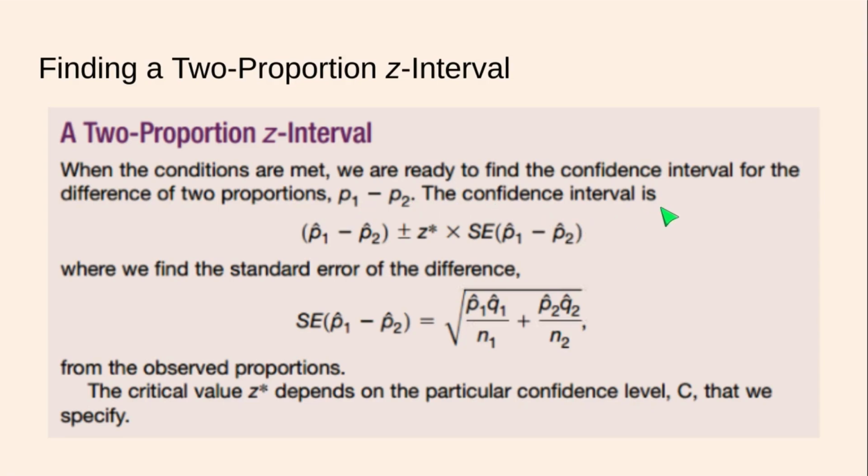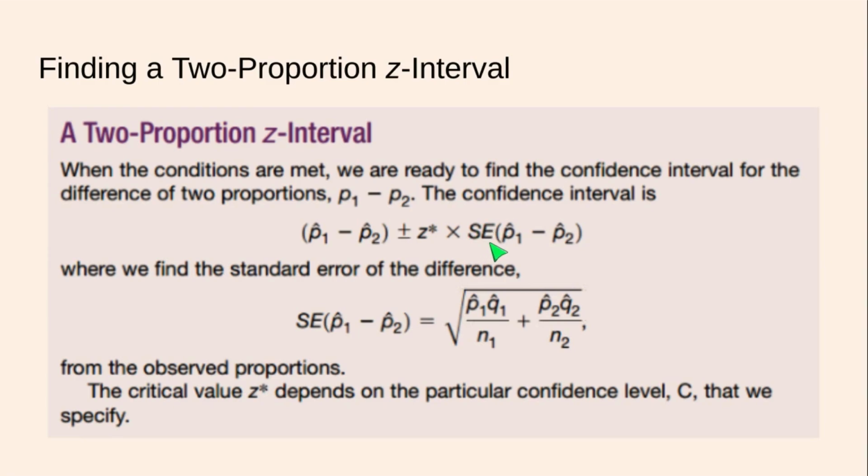The confidence interval is we take the difference of our sample proportions as a central point, and then we form the extremities of the confidence interval by adding for the right endpoint and subtracting for the left endpoint the Z star value, and you know the Z star values for a couple of confidence levels. And then you have the standard error.